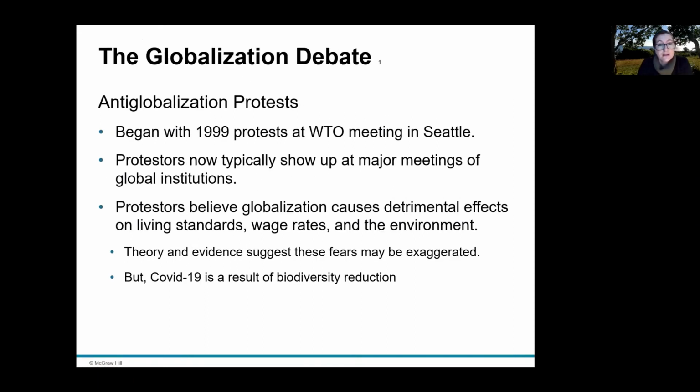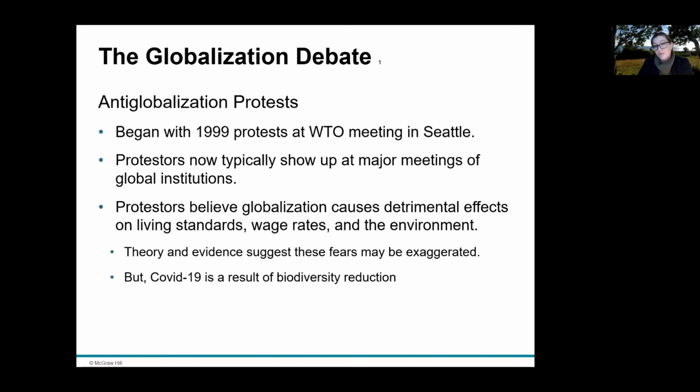so we need to know what our risk tolerance is. There are protests against globalisation, and these began in Seattle in 1999, and typically any major meeting of global institutions will now involve protesters. Protesters against globalisation argue that there are detrimental effects on living conditions, wages, as well as the environment.